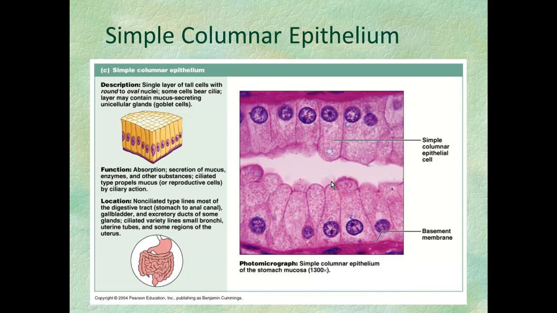And in a lot of cases, cells will have characteristics which help to increase their surface area. Absorption is going to be very closely tied to surface area. The more surface area you have, the more cells can absorb at any given point in time.